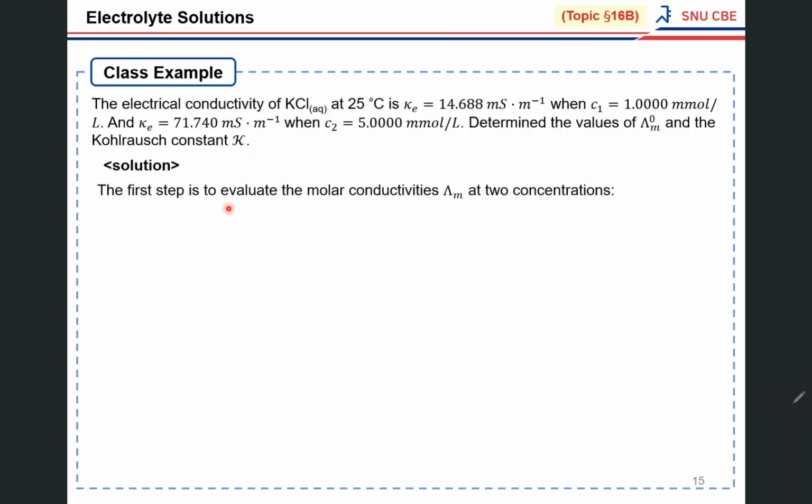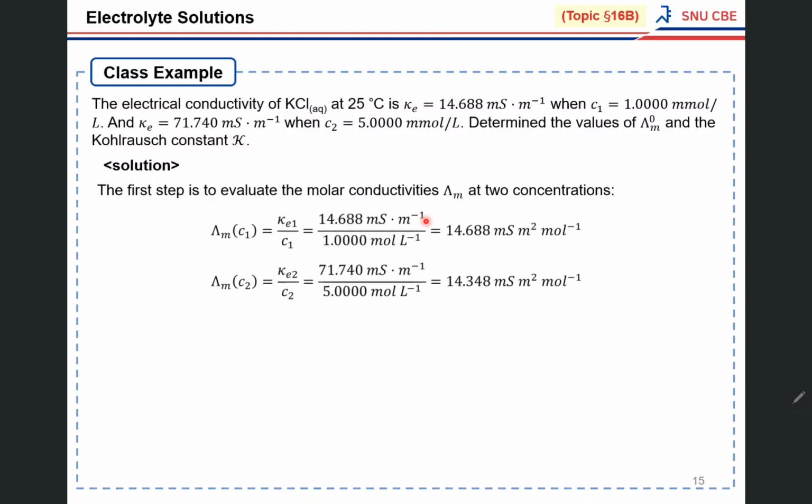So the first step is evaluating the molar conductivity at the two concentrations, and it can be obtained by dividing the conductivity, which is given here at two different concentrations, by the nominal concentration. Then you have the value of the molar conductivity at these two concentrations. As you can see here, the values are slightly different. So it means that if you increase the concentration, you decrease the molar conductivity somehow.